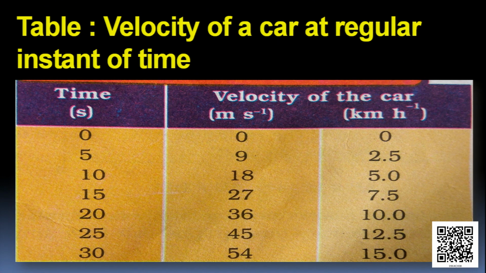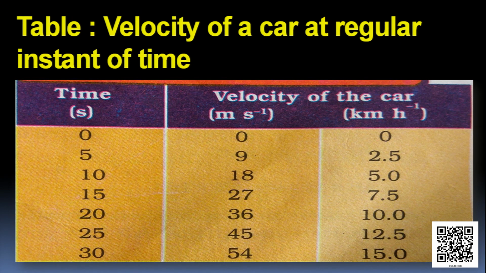Two columns are there. One is the time column and the second is the velocity of the car column. Time is mentioned in seconds and the velocity of the car is mentioned in 2 units. The first unit is meter per second. The second unit is kilometer per hour, km h to the power minus 1.